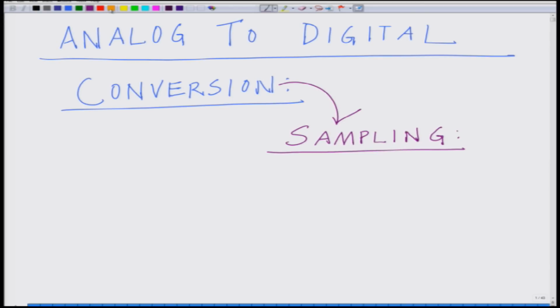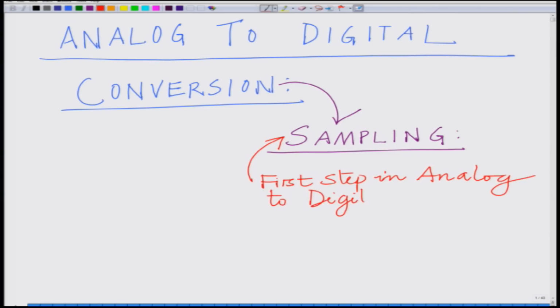And what does sampling do? Sampling is the first step in analog to digital conversion. Sampling converts a continuous time signal into a discrete time signal.